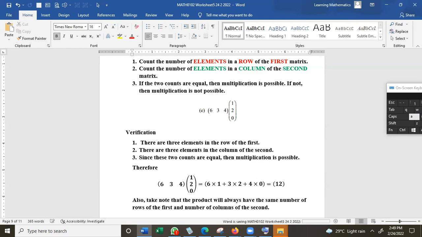So if the first has 1 row, the product will have 1 row. If the second has 1 column, the product will have 1 column.